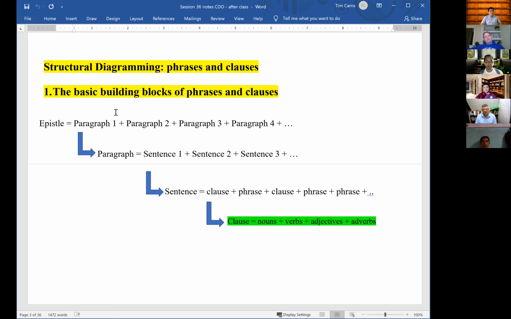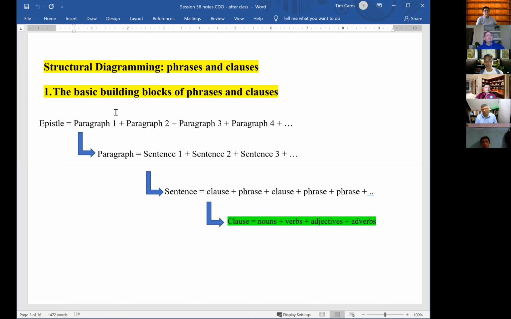When you're all done reading through the letter, you should be able to arrive at his main point and how he arrived at that point. Each paragraph or unit of thought is broken down into one or more sentences. Put together, they formulate that particular unit of thought or idea.